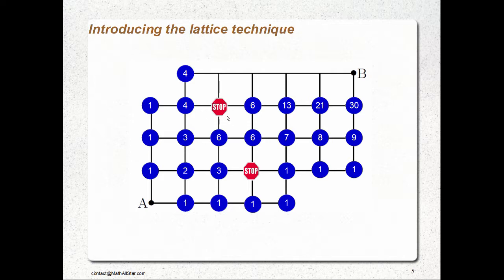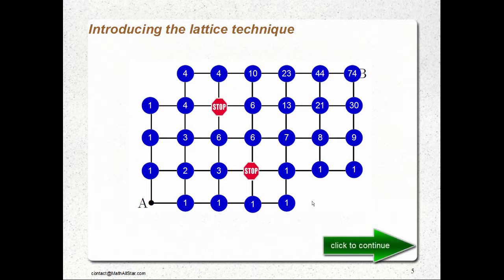Because it is blocked, it has no ways. So this point has the same value as the one on its left. Finally, we get the answer as 74. The idea is pretty simple, right? Take a pause. Make sure you follow the logic before continuing.